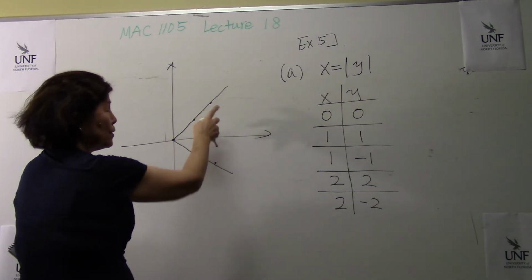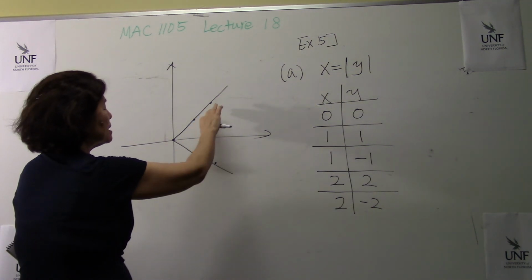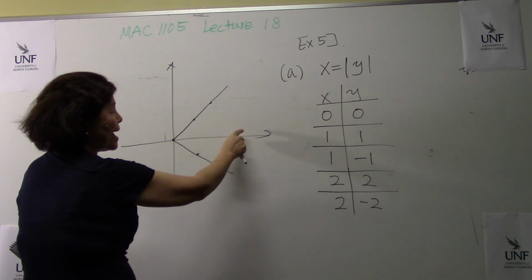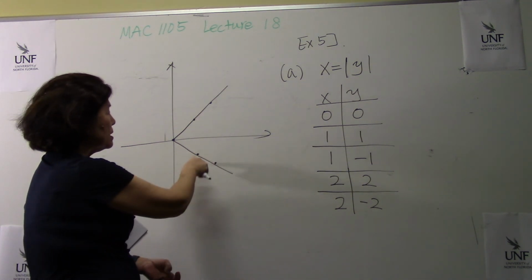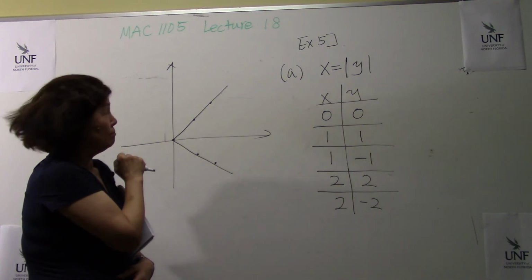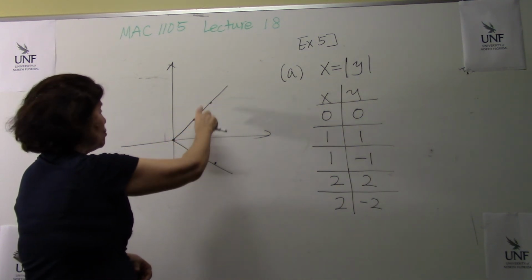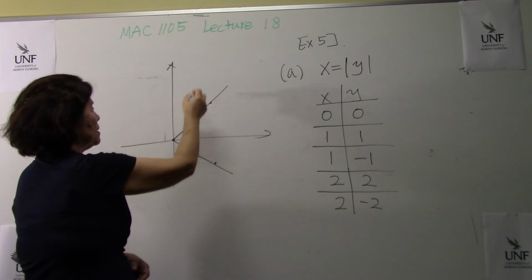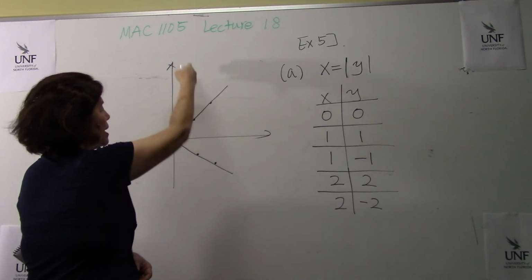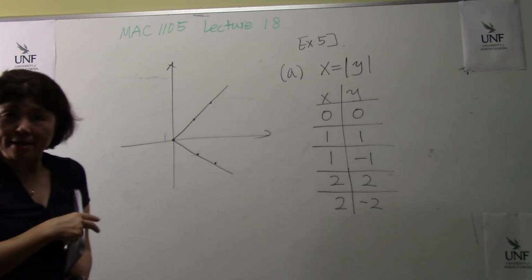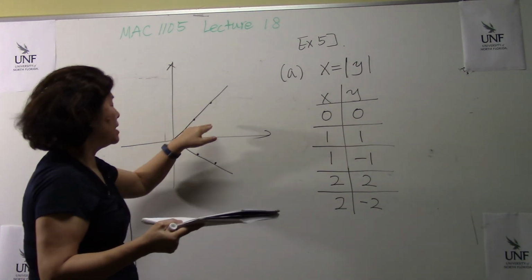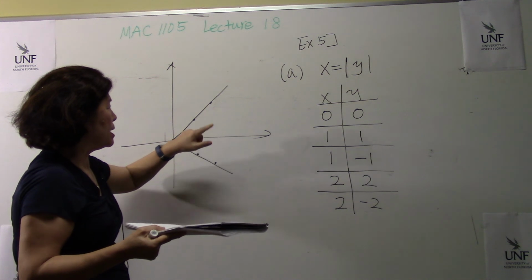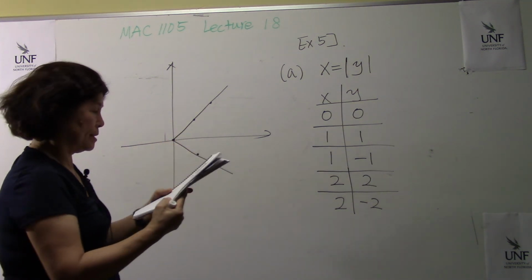What kind of symmetry do you see? Yes, the symmetry is about the x-axis. Can you call this a graph of a function? Maybe not. You cannot call this a graph of a function because it does not pass the vertical line test. So it's not a graph of a function at any rate, but there is a symmetry. The symmetry is about the x-axis.